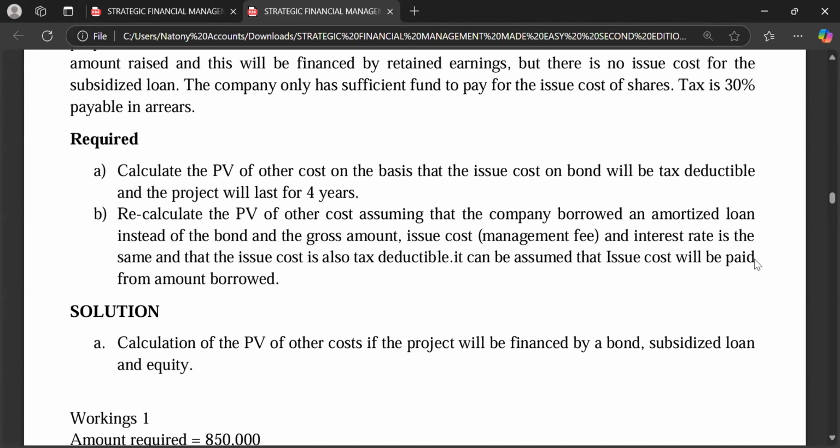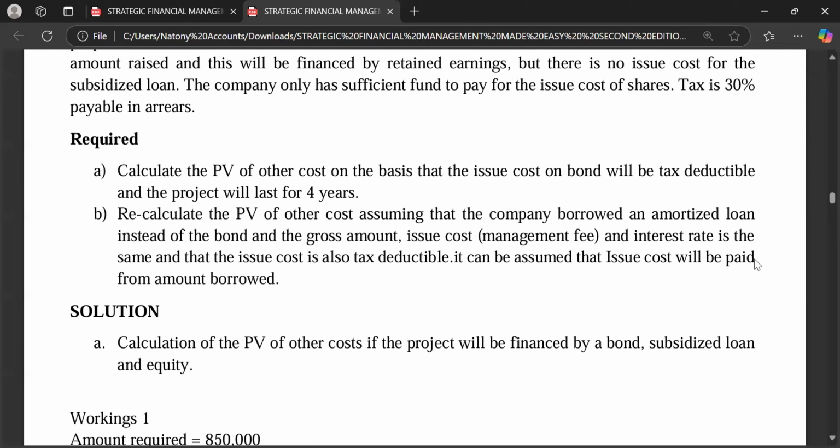And the gross amount, the issue cost, that's the management fee, and the interest rate is the same. And that the issue cost is also tax deductible. It can be assumed that issue costs will be paid from amount borrowed.